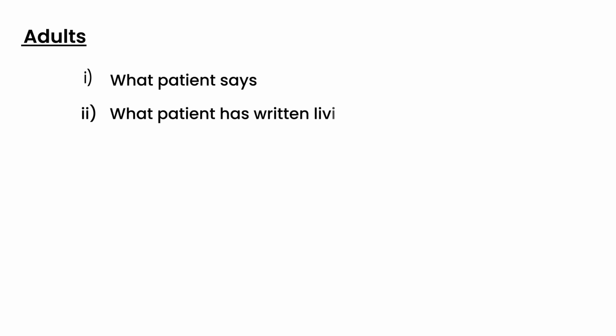For example, the patient might have a living will, or the patient might have some sort of healthcare documents or an advance directive in which he or she clearly outlines what they would want done in certain situations. For example, they say, don't intubate me or don't resuscitate me. So if it's written, then you go by what's written.